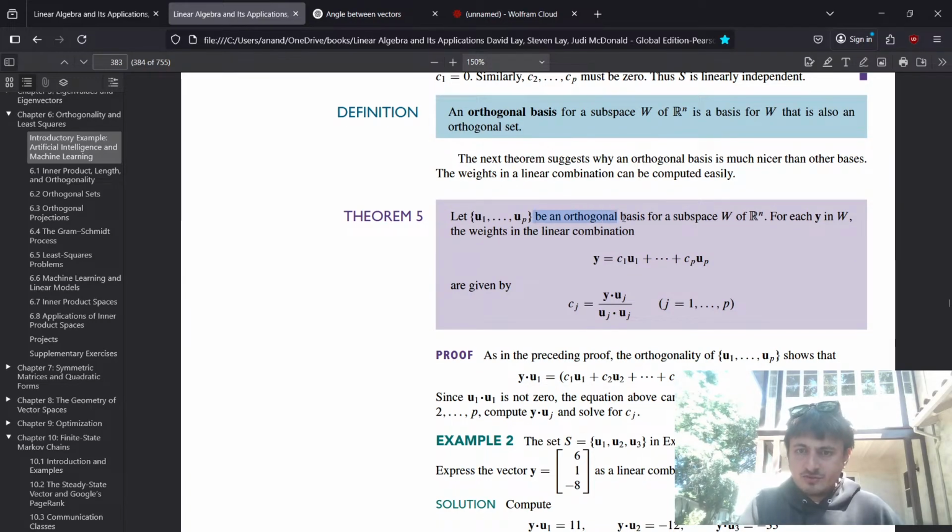If u1 to up is an orthogonal basis for a subspace W of Rn, for each y in W, the weights of the linear combination are easy to compute.